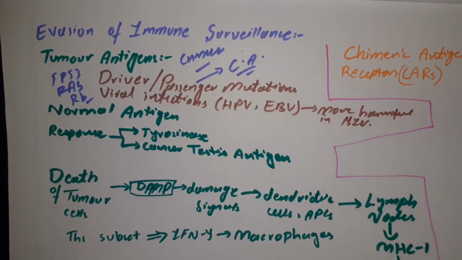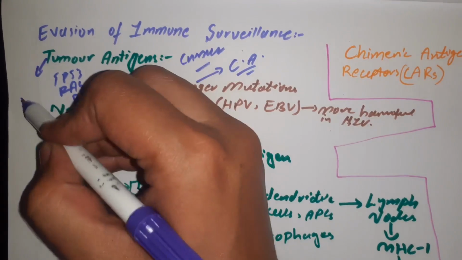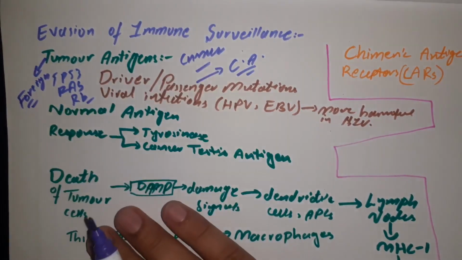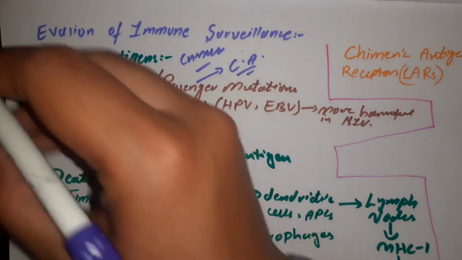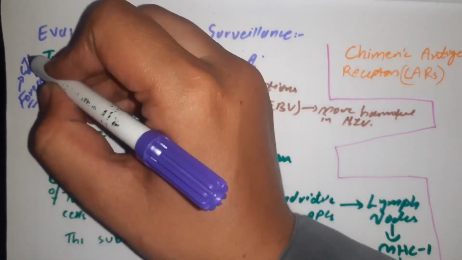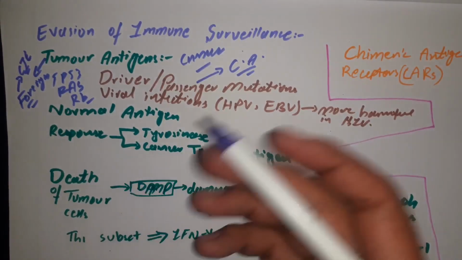So due to these tumor antigens, these cancer cells are recognized as foreign cells by the human immune system, and an immune response occurs against these tumor cells. And this immune response is mostly a cytotoxic T cell response, and sometimes this response may occur against a normal antigen.